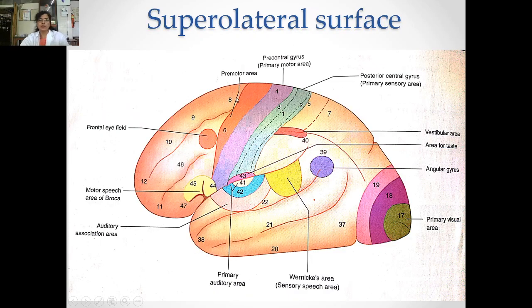On the superolateral aspect of the cerebral hemisphere, you can see the intraparietal sulcus in the parietal lobule, and at its entry end is the vestibular area, which is present behind the general sensory area of the face.